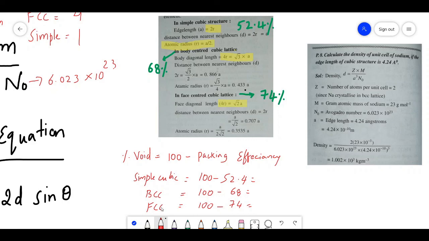And along with this, we have to read theory topics like the different types of crystals. We have crystals like ionic crystals, covalent crystals, molecular crystals, and metallic crystals. At the same time, we must also learn the properties of the solids, that is, they are good conductors.